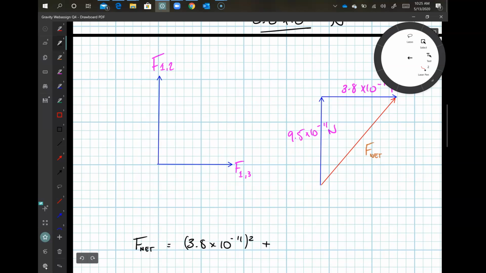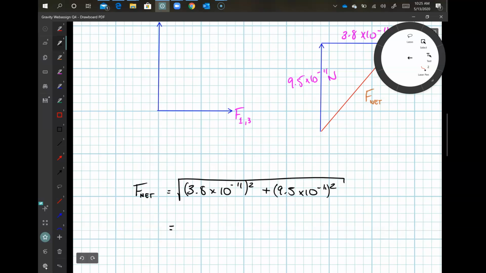Be careful with your calculators. Make sure you're in scientific notation. 9.5 times 10 to the negative 11 squared, and we will take the square root of all of that, and that works out to be 1.02 times 10 to the negative 10 newtons. So the net force acting on this object is 1.02 times 10 to the negative 10 newtons.